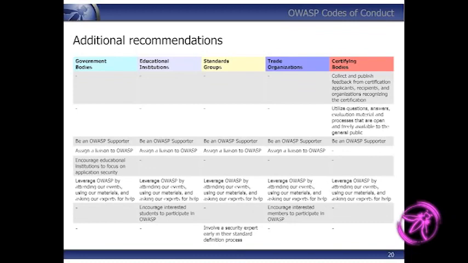For example, the third row down there, we'd love it if they were all OWASP supporters in some way, so become corporate supporters. Obviously, we don't really want to make that a mandatory requirement. It's a bit too inward-looking. It's not as important as if they did the other things that we've already talked about. And you can see there are some things that are common across the standards and the codes of conduct and other things which aren't.